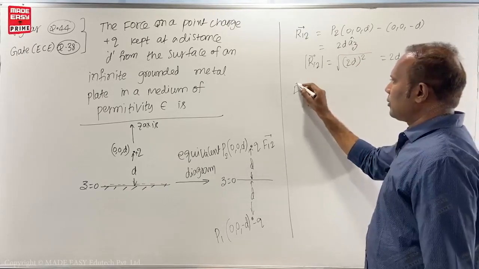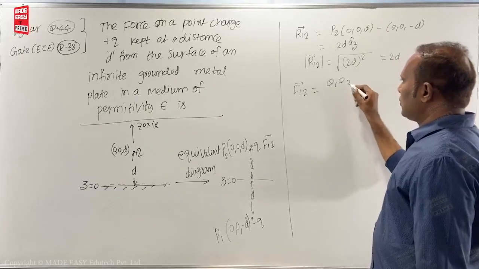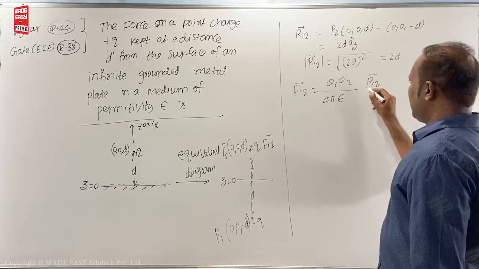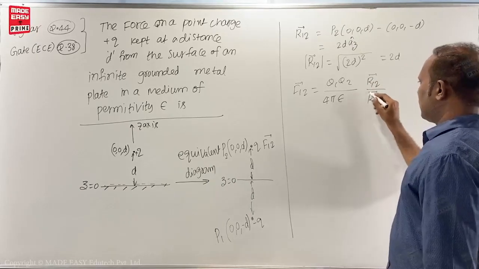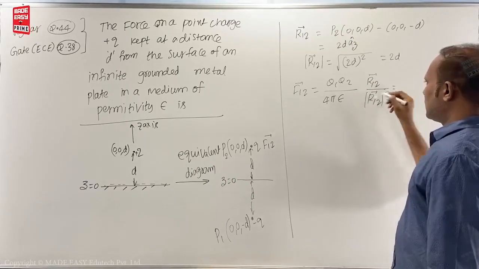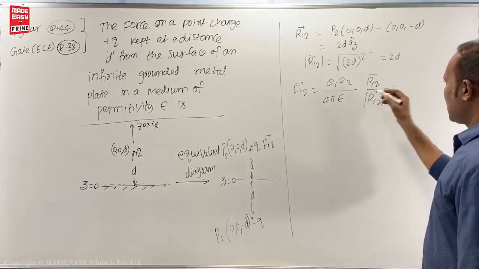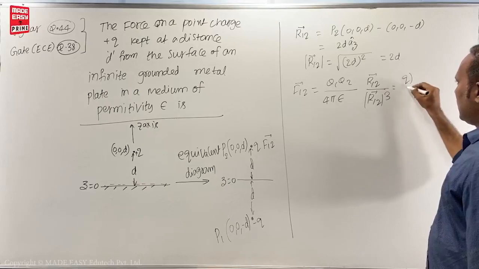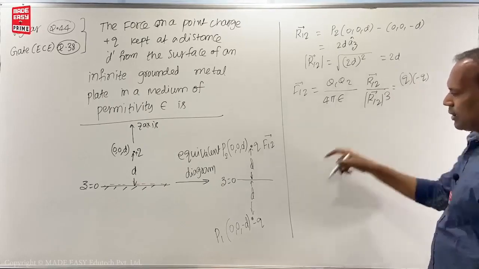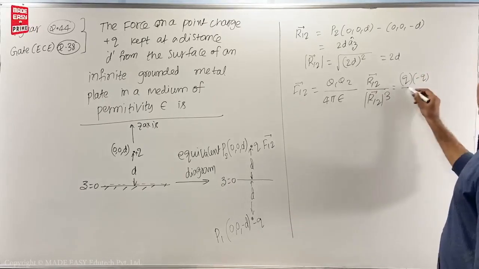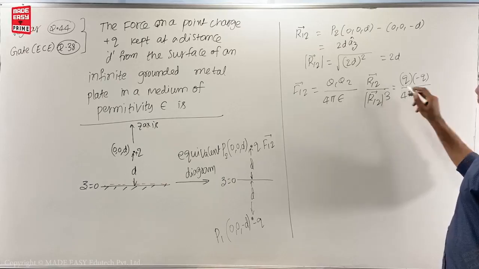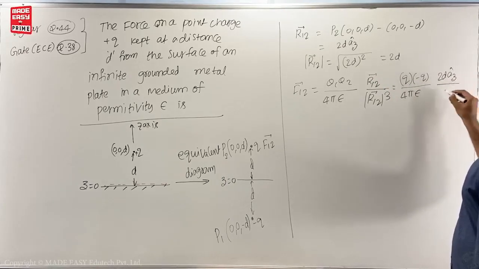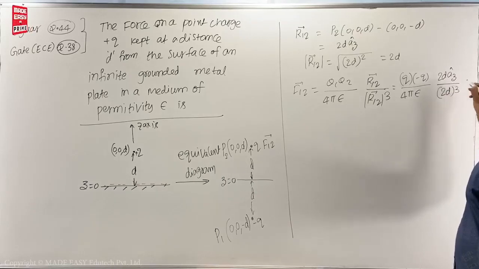Now what is F12 bar? So Q1 Q2 divided by 4 pi epsilon, R12 bar divided by modulus of R12 whole cube. So here Q1 is plus Q charge, and Q2 is minus Q charge, divided by 4 pi epsilon, and R12 bar is 2d az divided by 2d whole cube.